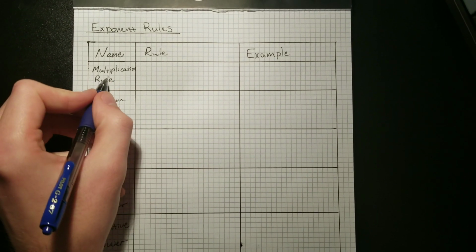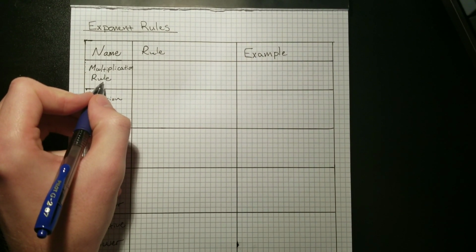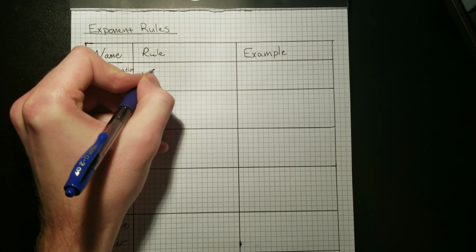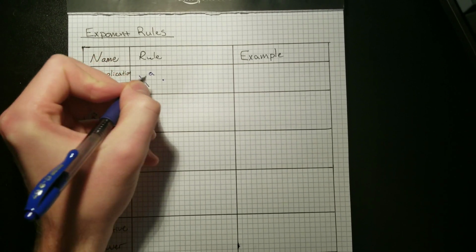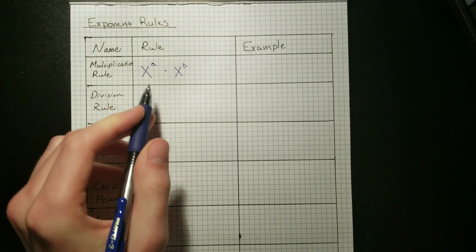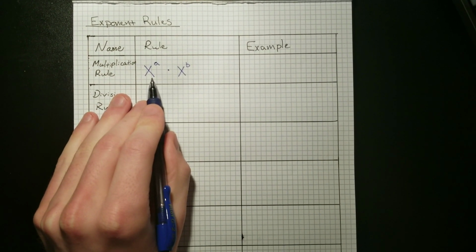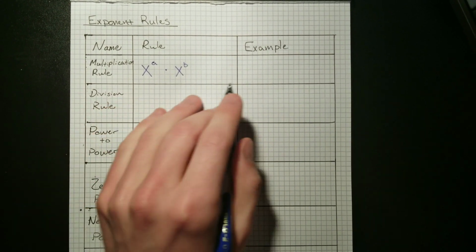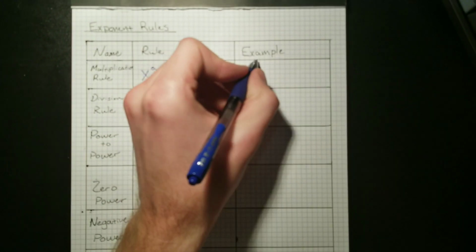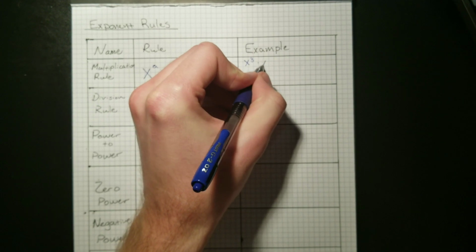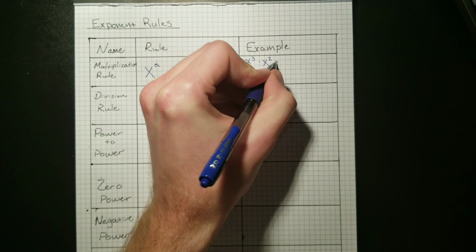So first, we have the multiplication rule of exponents. The multiplication rule is essentially what happens when you have x to the a times x to the b, when you are multiplying those 2 things together. For example, let's say you had x cubed times x squared.